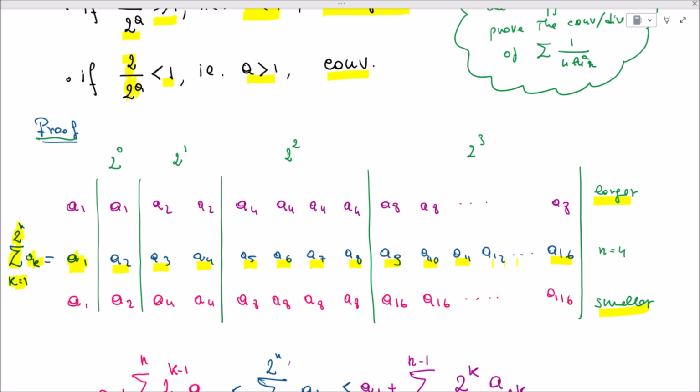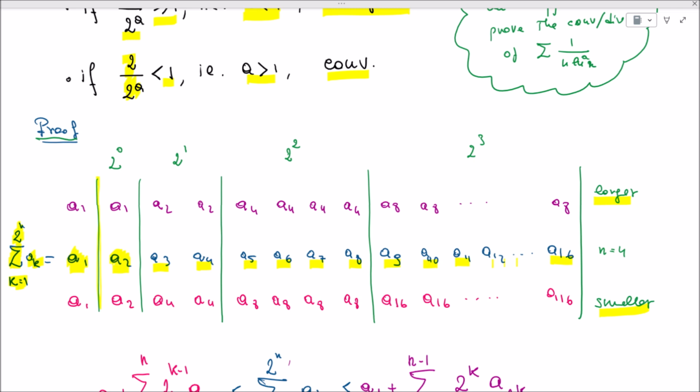Each one of them has a number of elements which is a power of 2. Okay, so let me start by considering a first line that will separate the first element, a1. Okay, so this doesn't count. Okay, let me start with a2. Now, a2 is the first group, and of course, how many elements are in this group?